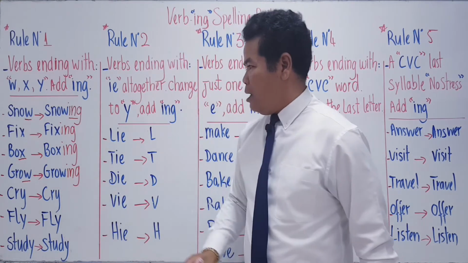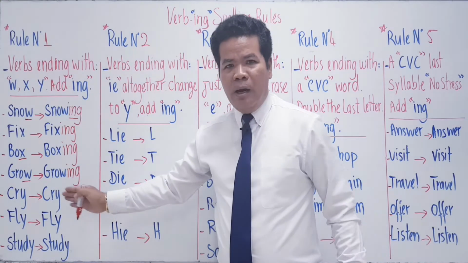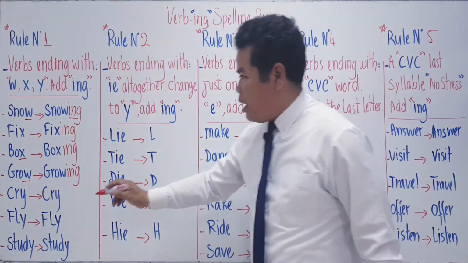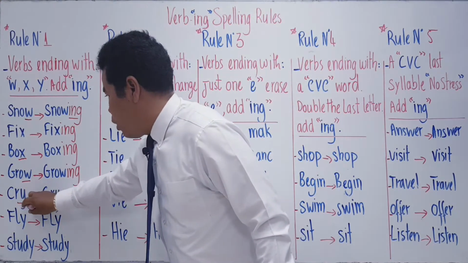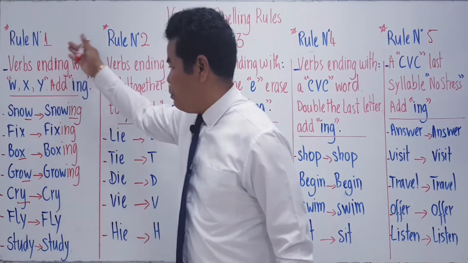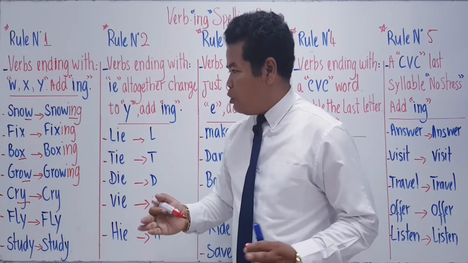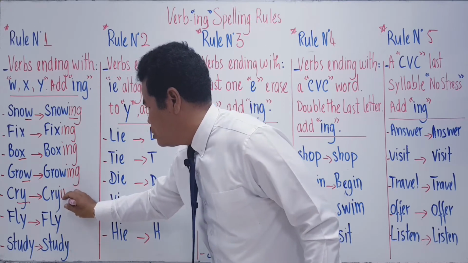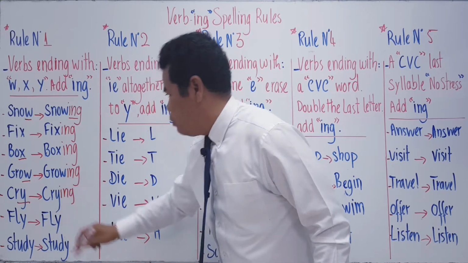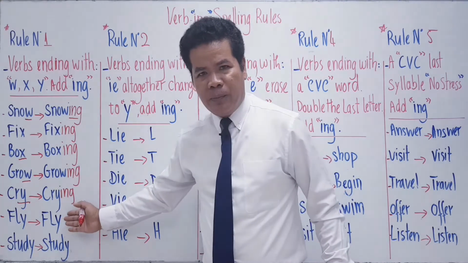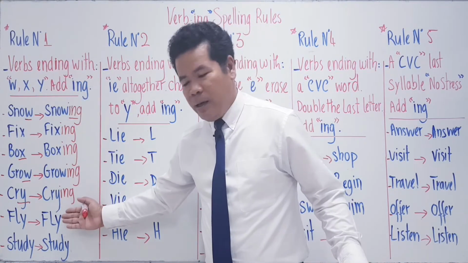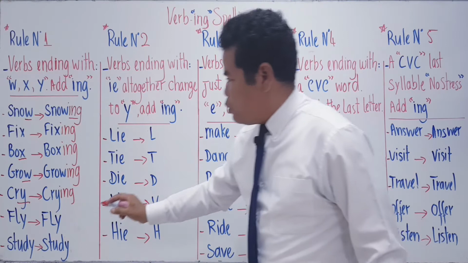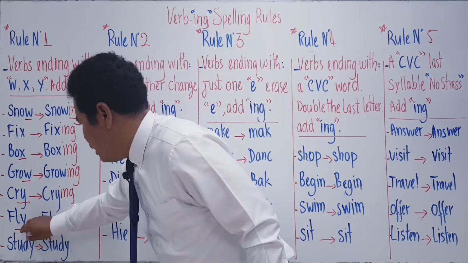So what do you say? Growing. Cry. Cry is also one of the three in rule number 1. So you don't need to do anything besides adding ing. We have crying. Alright? Let's go to another verb. Fly.